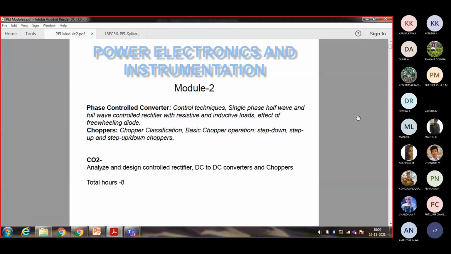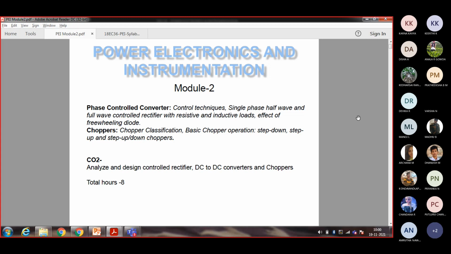And after knowing all this power conversion, then we go for the choppers, different types of choppers, classifications of the choppers, basic operations of the choppers, step down chopper, step up chopper, and also step down and or step up choppers. Means both. You can perform step down or step up. So this entire thing is called one module, that is power converters and choppers.